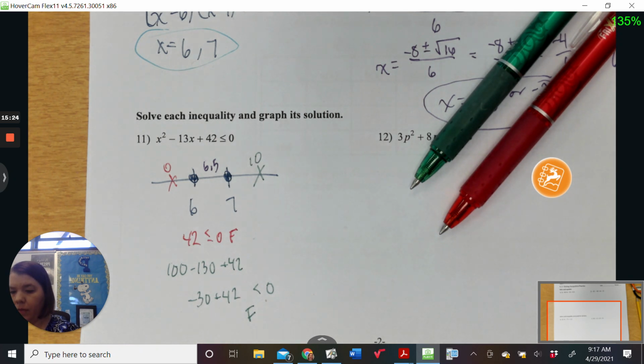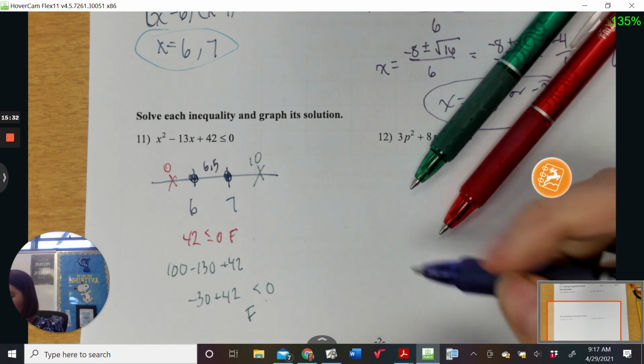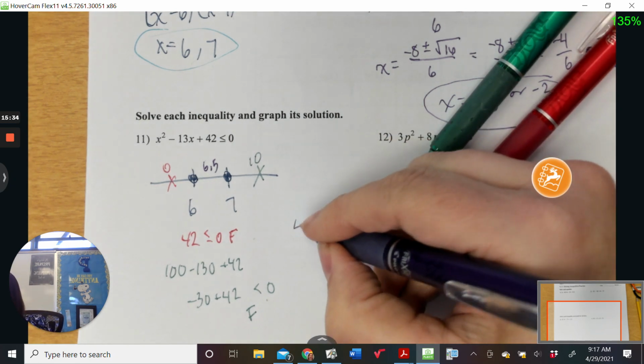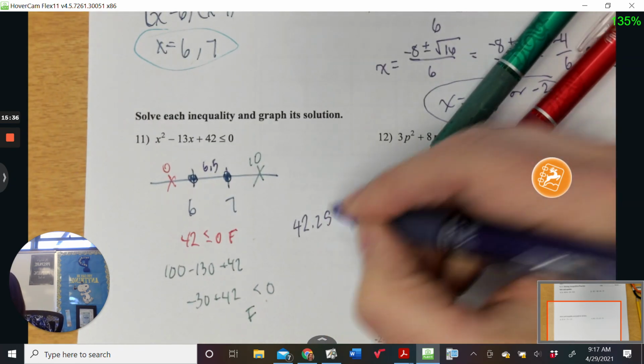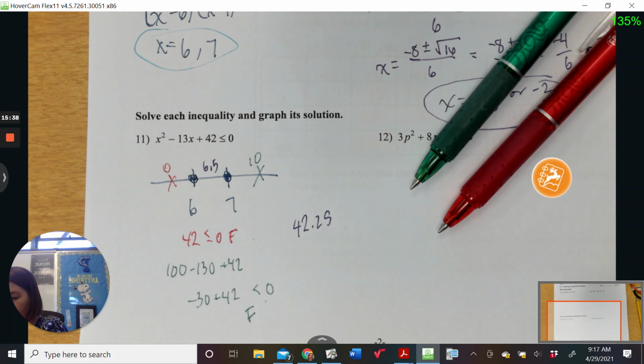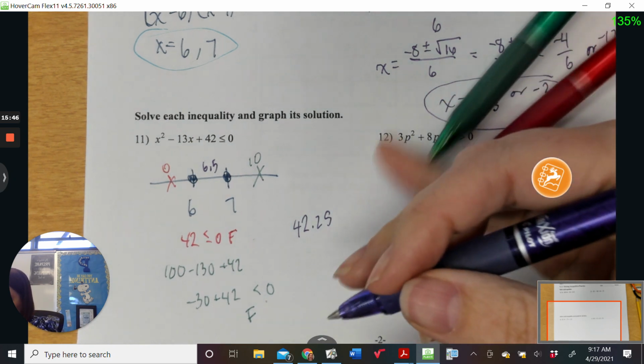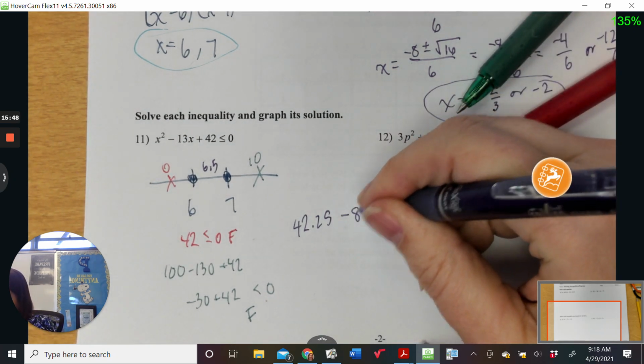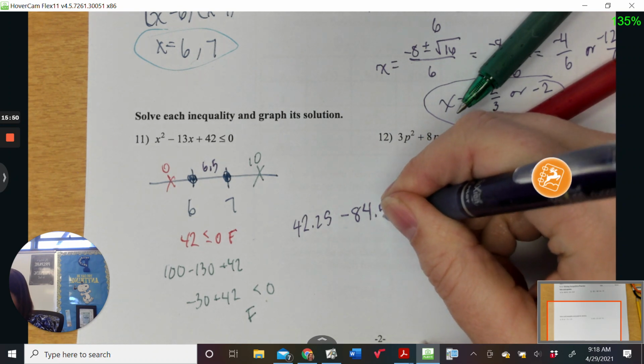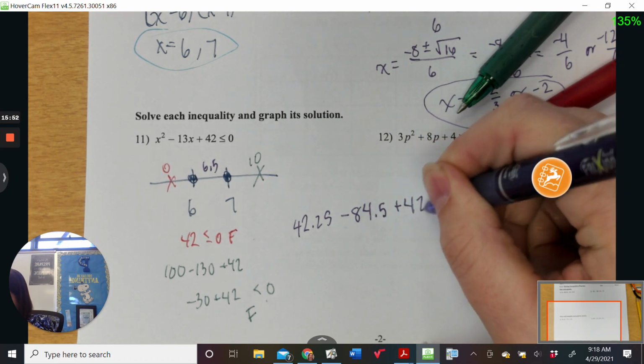Okay, using a calculator. 6.5 squared is 42.25. 13 times 6.5 is 84.5, plus 42.